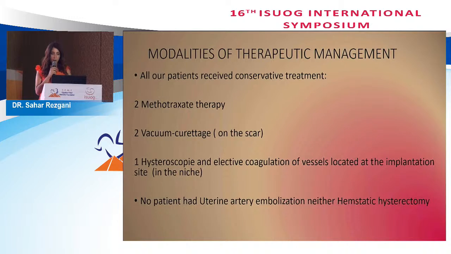For treatment, all our patients received conservative medical treatment: 2 methotrexate therapy when the pregnancy is less than 8 weeks, 2 vacuum curettage when it's more than 8 weeks but on the scar, and 1 hysteroscopy with selective coagulation of vessels located at the implantation site when it's in the niche. No patient had uterine artery embolization because of the Doppler with low peak velocity, and no hemostatic hysterectomy. Our patients were hemodynamically stable.